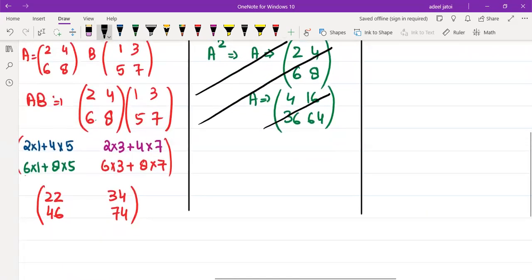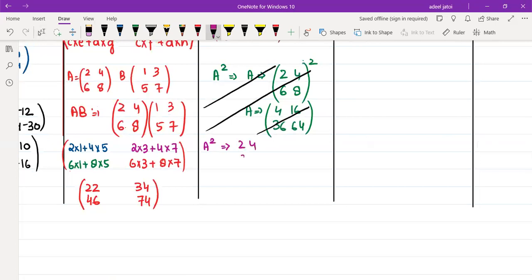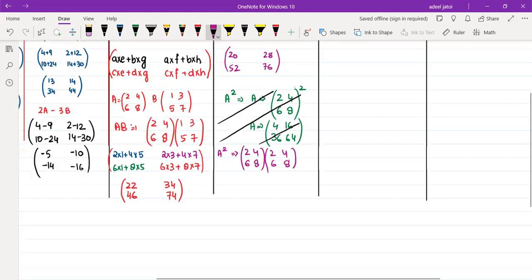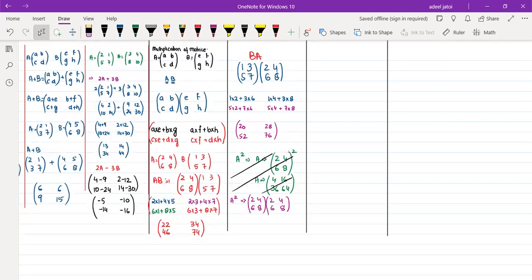So whenever it says A square, it would mean that we have 2, 4, 6, 8, and this should be multiplied with another matrix that is 2, 4, 6, 8. And then we will follow the normal multiplication of two matrices, which was done here.